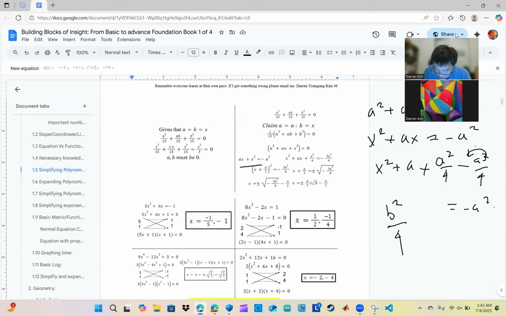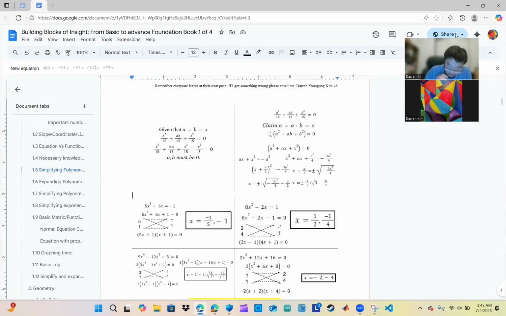Realizing that this is a perfect square and this can move to the other side, you get this function and you keep on going like that. Very simple.